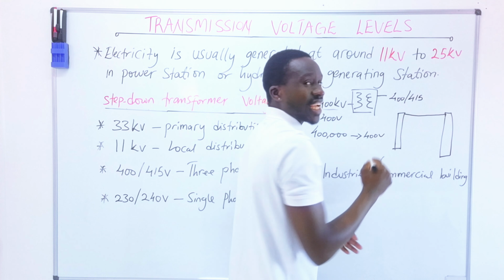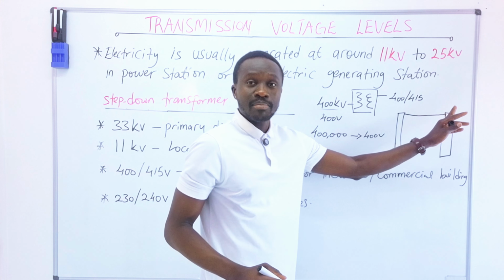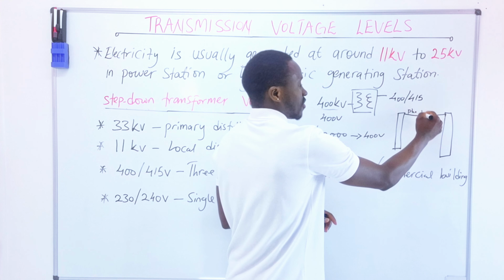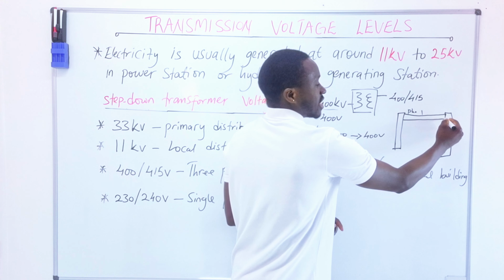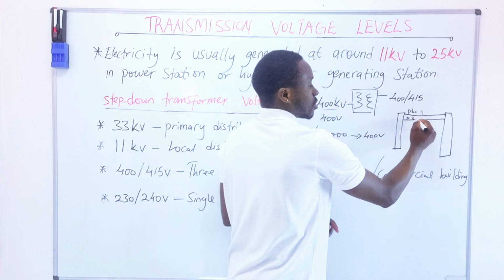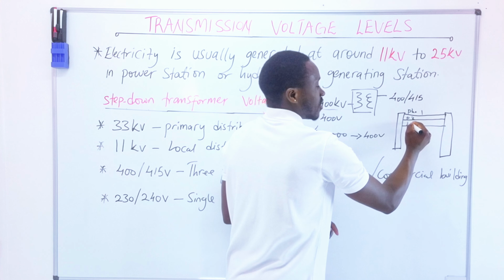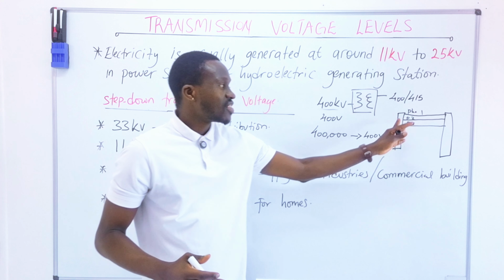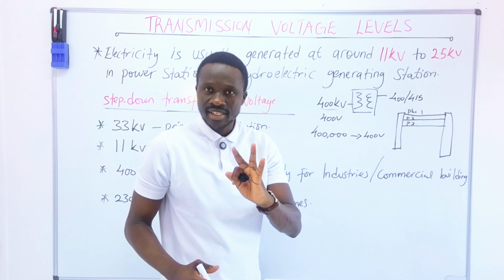A phase is the line, the power line. This is phase one, then there is another line, phase 2, then there is another line, phase 3. This is where the name three phase comes in. This is a three-phase system.